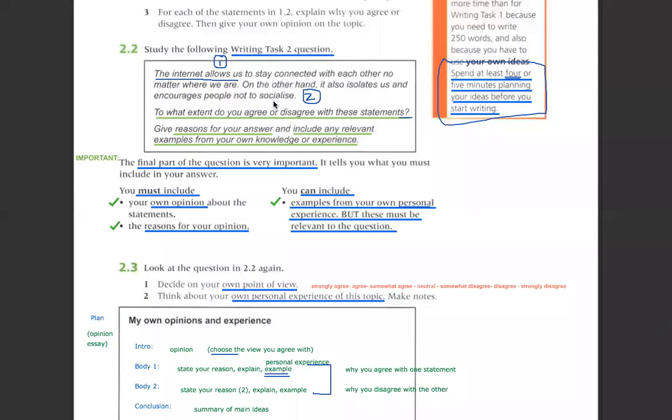Can you give me a personal experience that you could use to explain your reason for number 2? So it says that it isolates us and encourages people not to socialize. So type in the chat box any example or personal experience that you've had that would either make you agree or disagree with this statement.